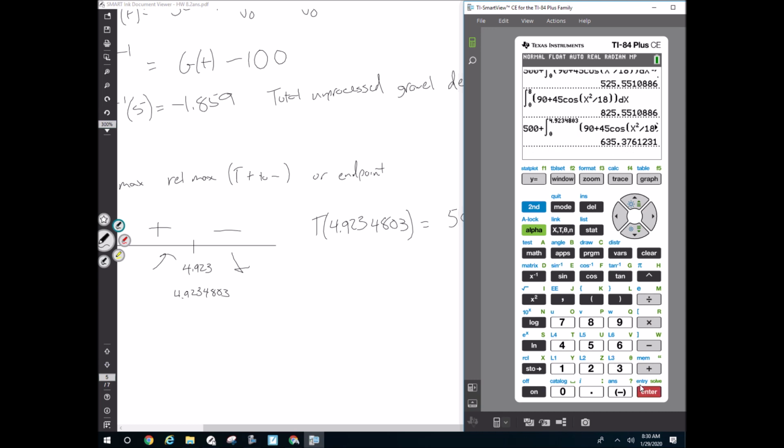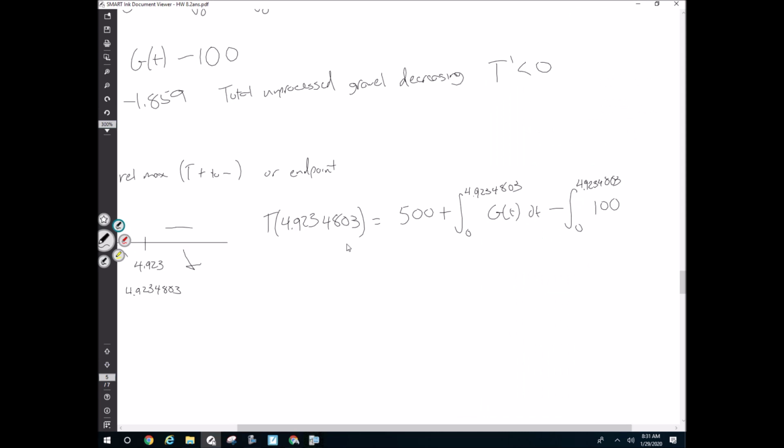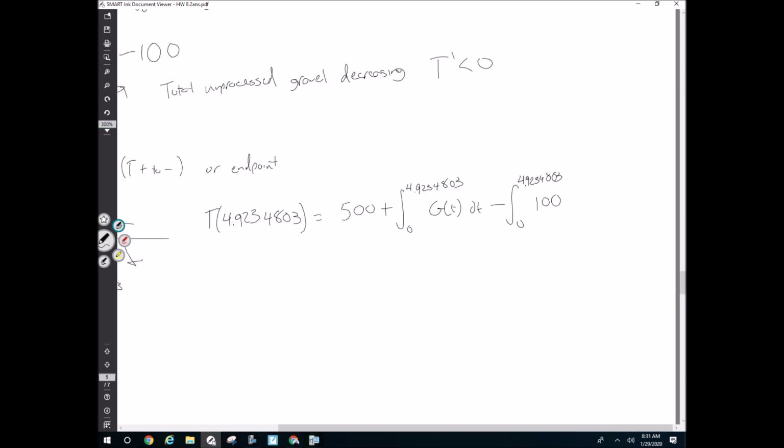I see this will be greater, 635.373, 6 decimal places. This is in tons. This is the max amount.